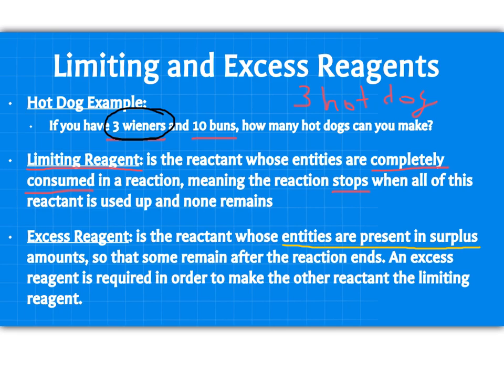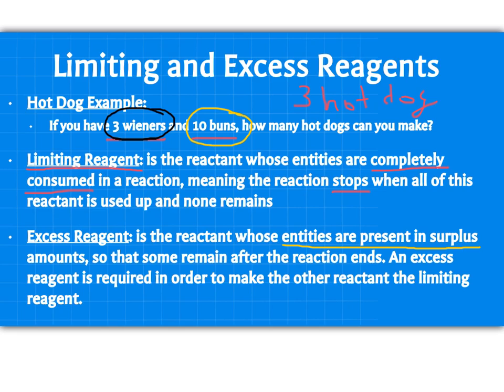What that means is that you're going to have some left over when the reaction ends. An excess reactant is required in order to make sure that the other reagent is going to be the limiting reagent. If we didn't have an extra amount of buns, then we couldn't have made 3 hot dogs in the first place. So in this example, if I asked you how many of the excess reagent are left over, you could say, okay, well, I started with 10 buns.